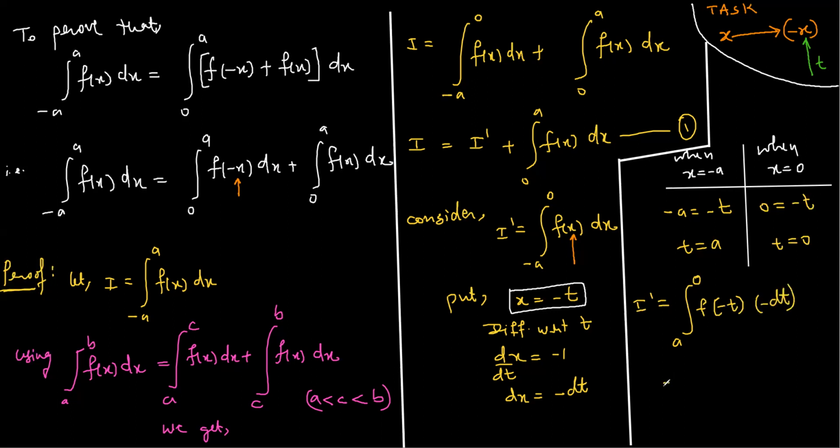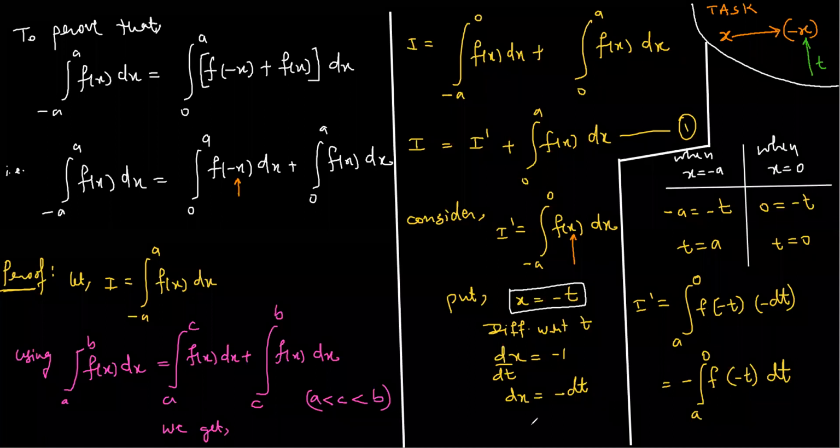So this negative sign will come out, minus a to 0 f of negative t dt. This is my I dash.